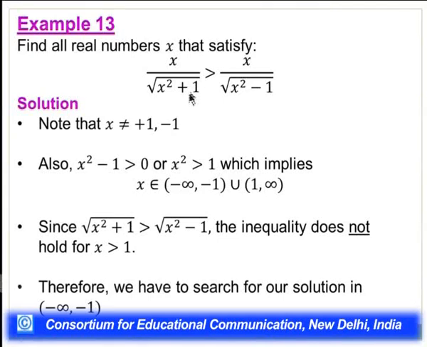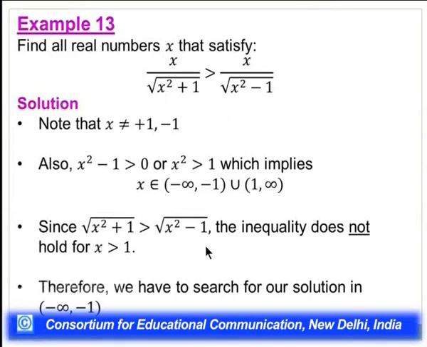And you can clearly see that the denominator on the left hand side is greater than the denominator on the right hand side. So clearly, when I divide by a higher number on the left hand side, if x is positive, then the entire left hand side will become less than the right hand side.